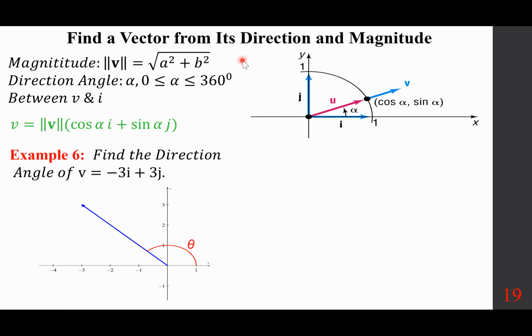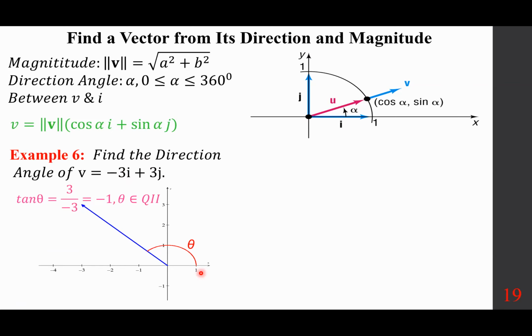Tan of theta is 3 over negative 3, which makes it negative 1. If you go with the calculator, it will give you a negative value because the tan inverse goes from minus pi over 2 to pi over 2.